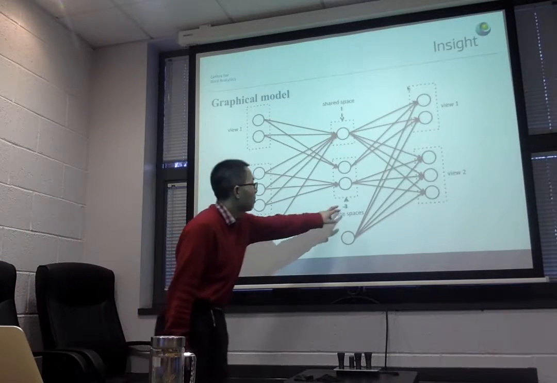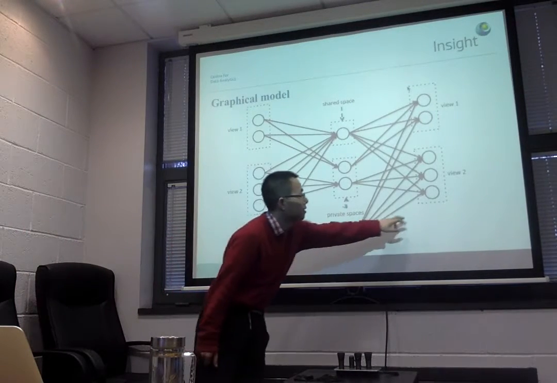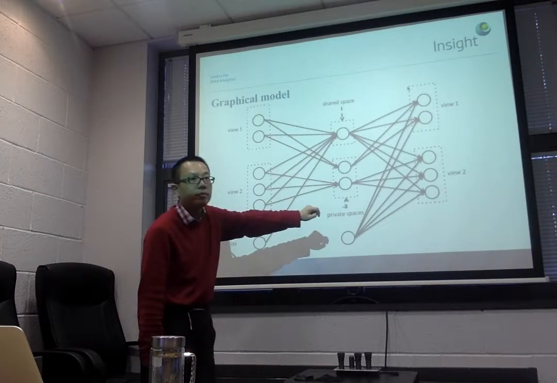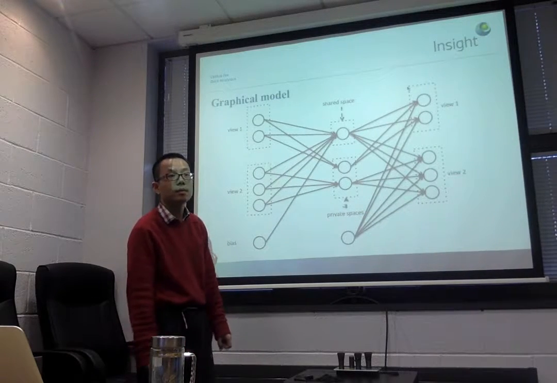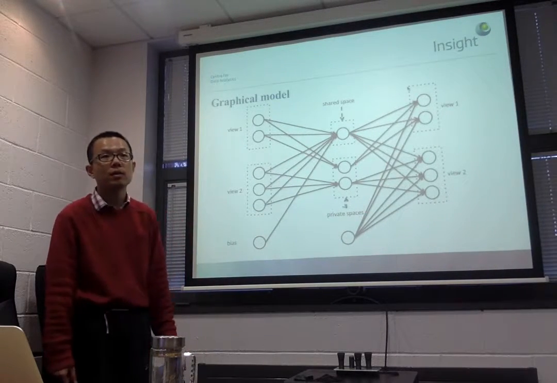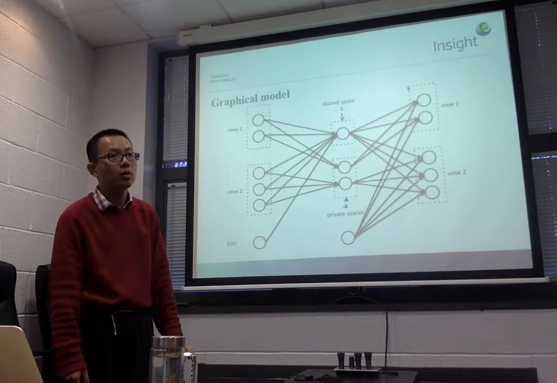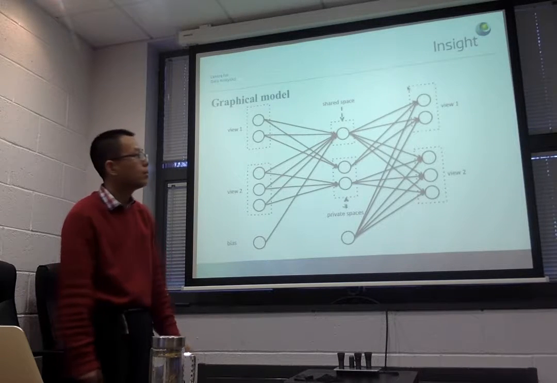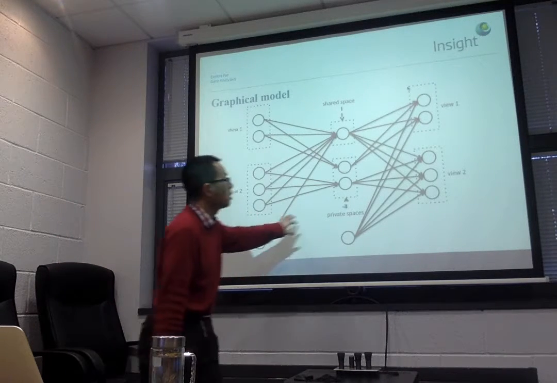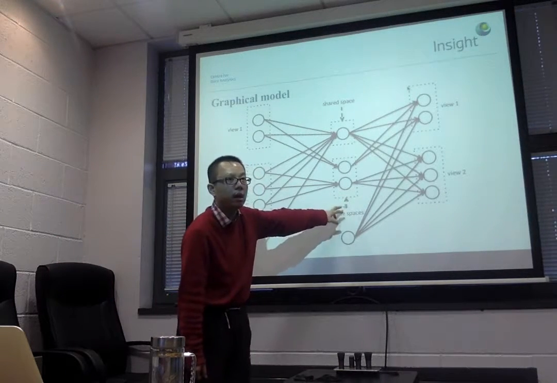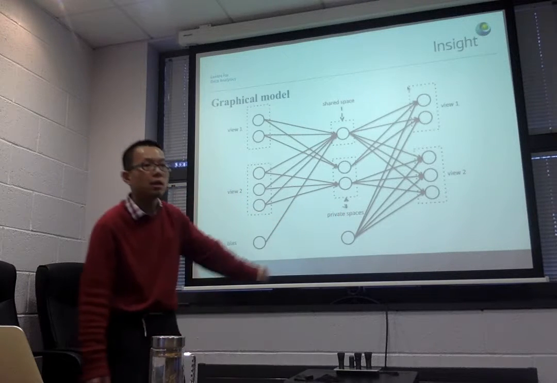Yeah, there's only one hidden layer. This is input and this is output. So what's the difference in performance if you put more hidden layers? Sorry? Did you try putting in more hidden layers? But the autoencoder has only one hidden layer. Yeah.